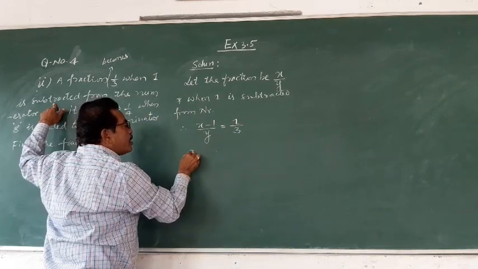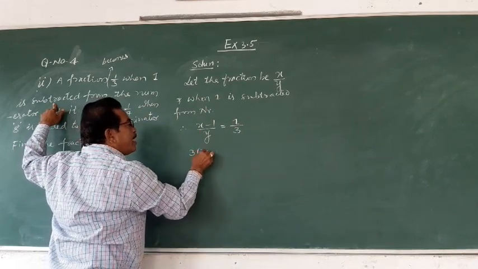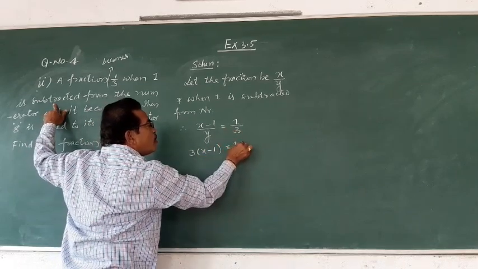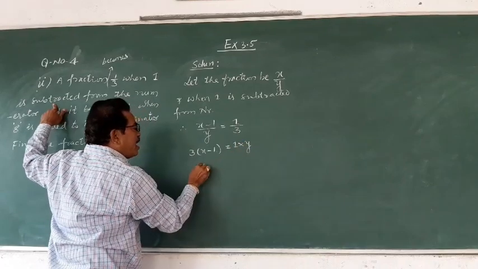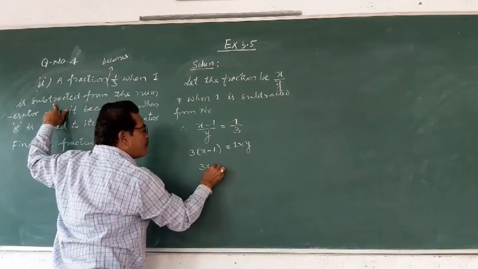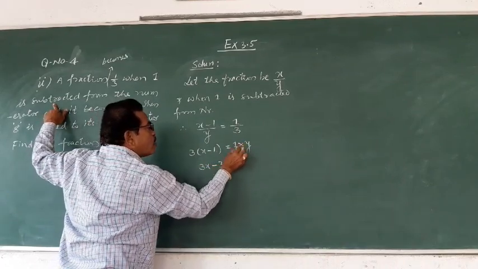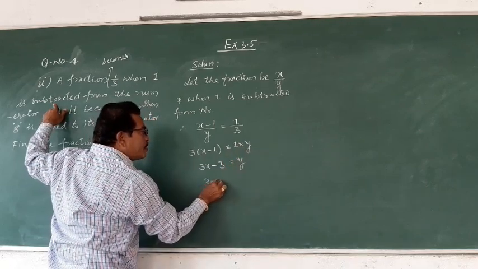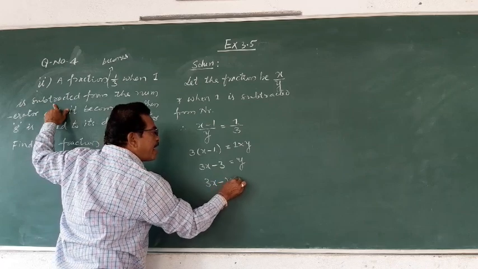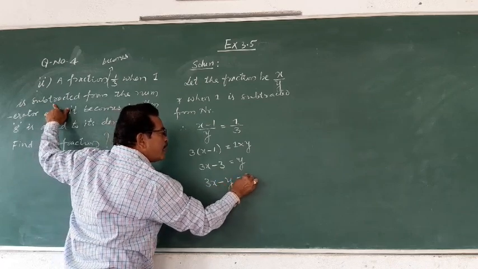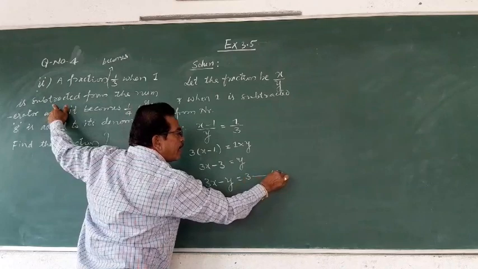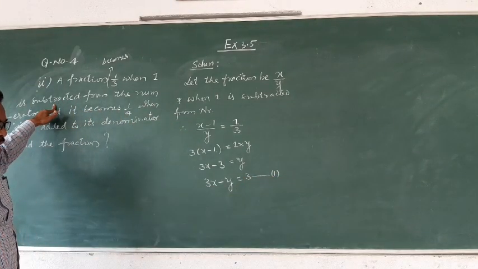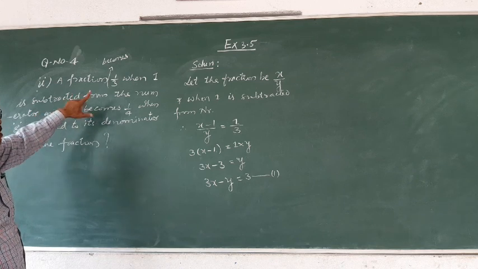Cross multiplication: 3 into x minus 1 equals 1 into y. 3x minus 3 equals y. Therefore, 3x minus y equals 3. Let us say equation 1.